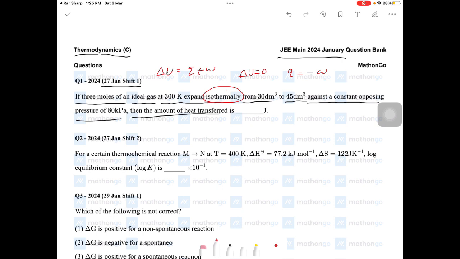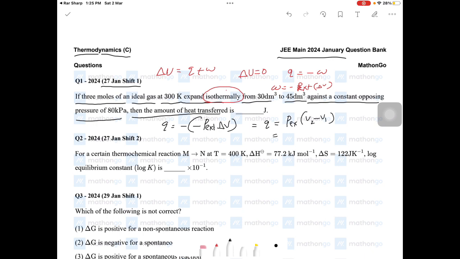They asked for heat transfer, right? So now W is equal to minus external pressure into delta V. So now Q is equal to minus of minus external pressure into delta V. Minus into minus is plus, then Q is equal to external pressure into V2 minus V1.